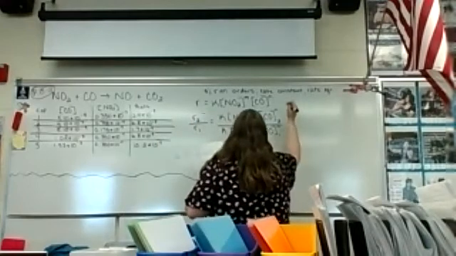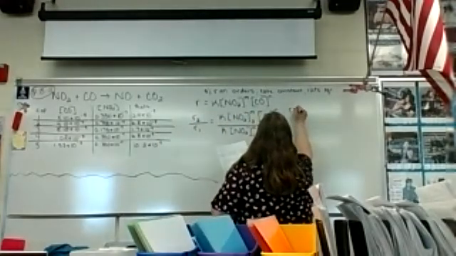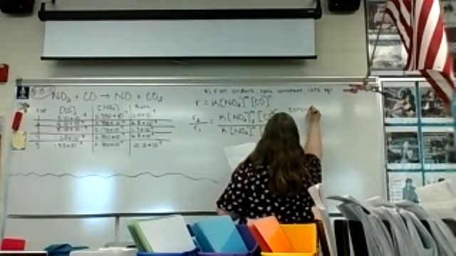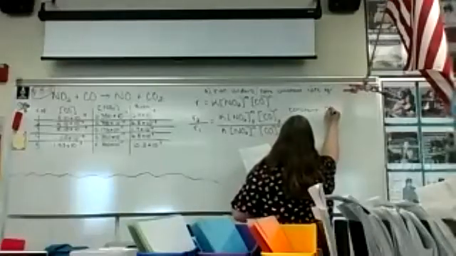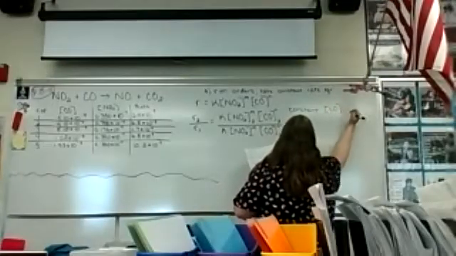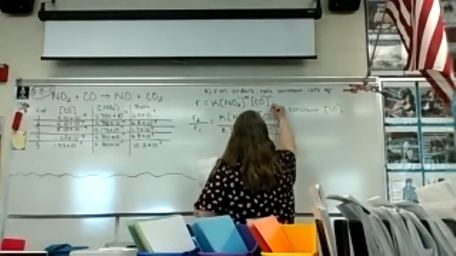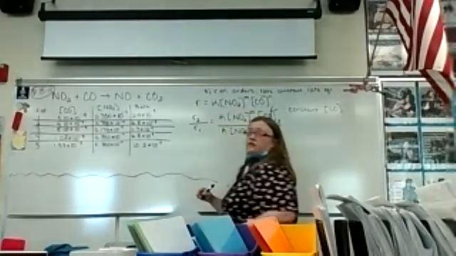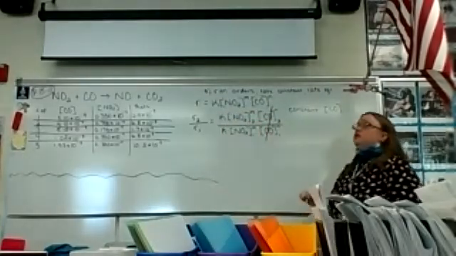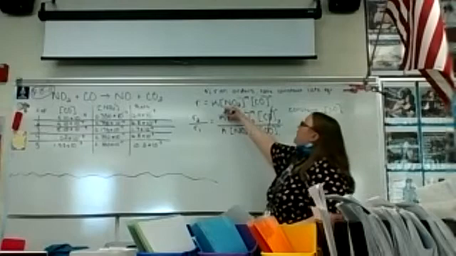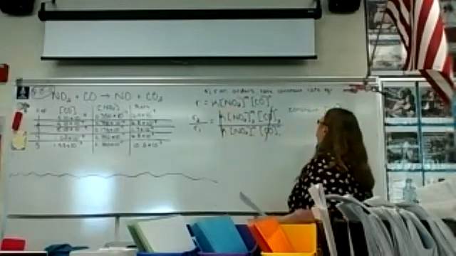So here we have constant carbon monoxide. Therefore, the concentration of carbon monoxide cancels out. The K's are constant, so that would cancel out.